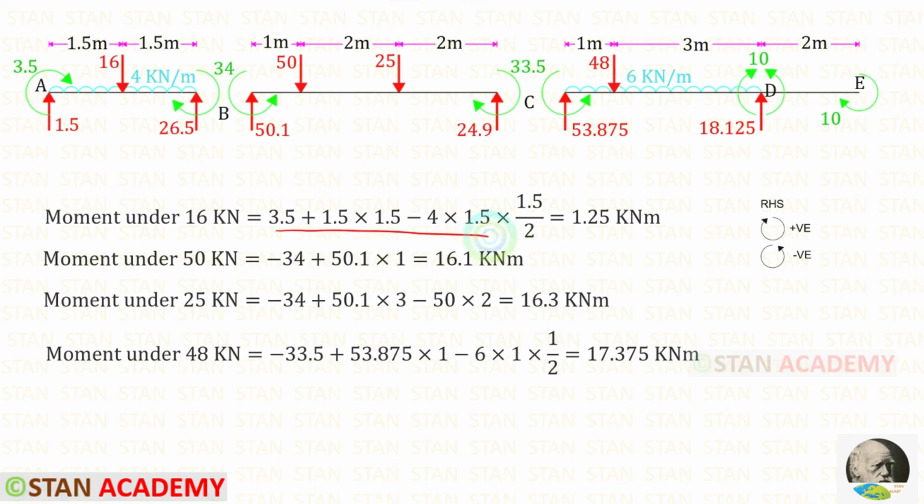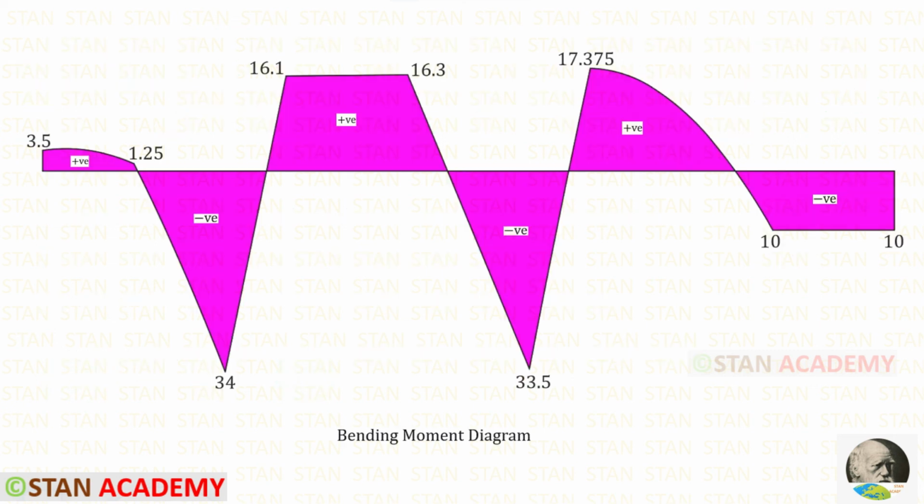After the calculation, we will get 1.25 kilonewton meter. In the similar way, we can find the moment under the 50 kilonewton point load and 25 kilonewton point load in the span BC. In the span CD, we can find the moment under the 48 kilonewton point load. Here you can see the bending moment diagram.